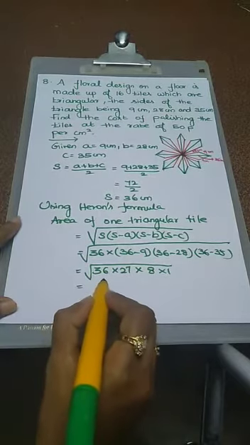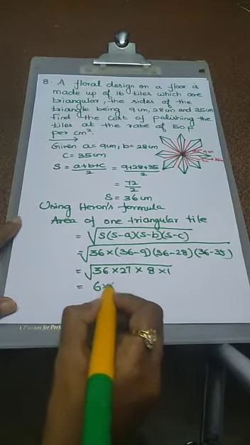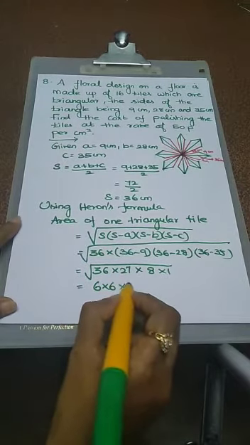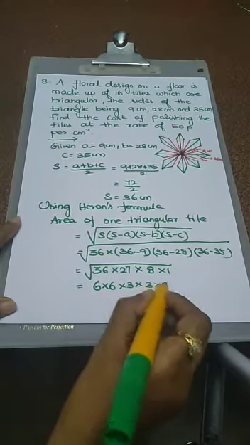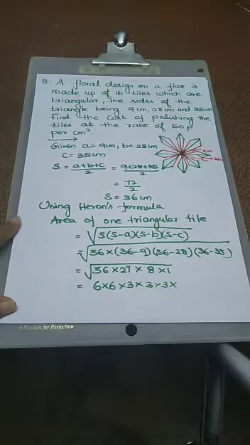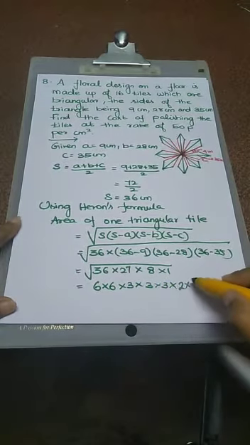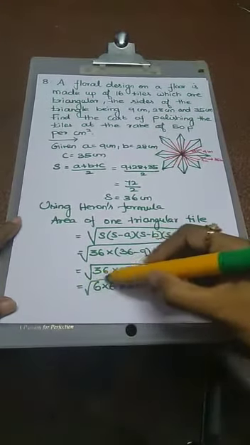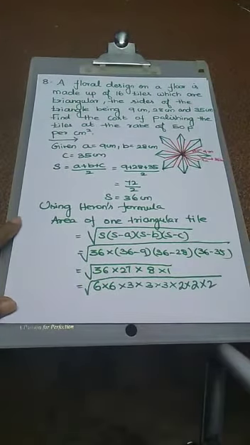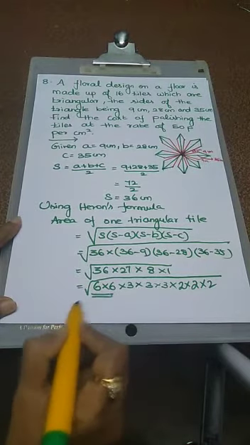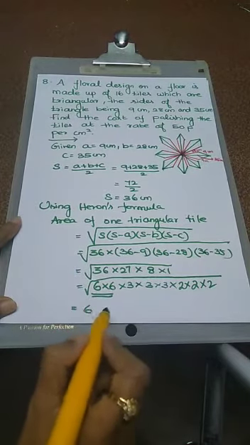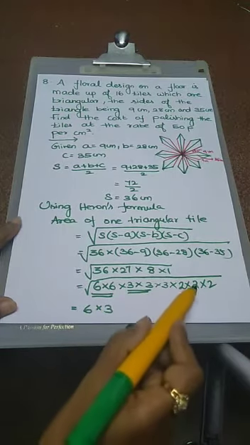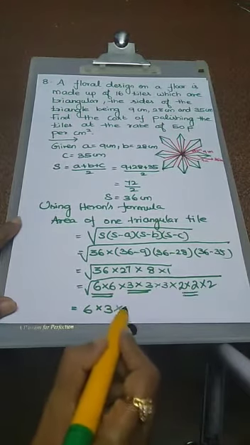Now, split the value. We get 36 as 6 into 6. And another one is 27. How can we split that? 3 into 3 into 3. Another one 8. So, we have to split the value 2 into 2 into 2. Apply the square root also. We have to take the value 6 square. Easily we can take out of the square root 6. 2 3s we are having, so we take the value 3 also. 2 2s we are having, so 2.